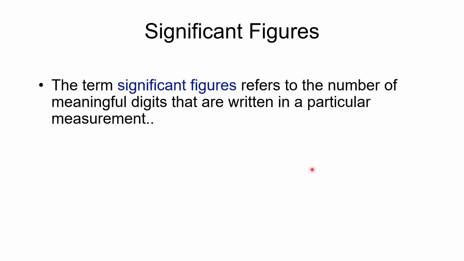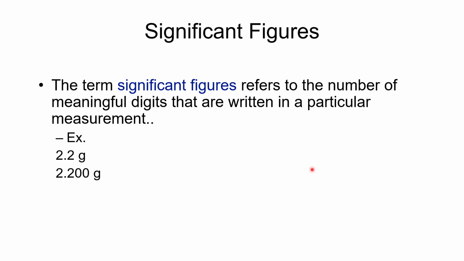All right. Well, now we want to talk about the concept of significant figures. We want to indicate what the number of significant figures are. The term significant figures refers to the number of meaningful digits that are written in a particular measurement. For example, if I were to give you these two measurements, on the face of it, these two measurements look like the same number.